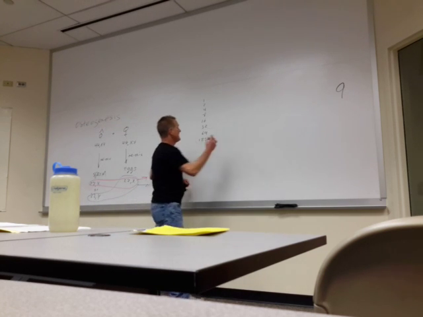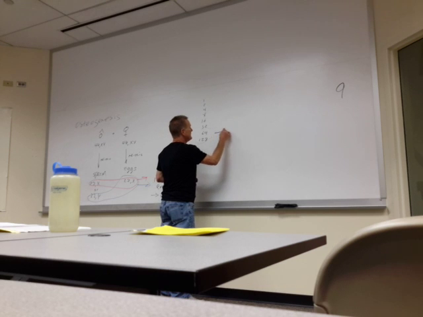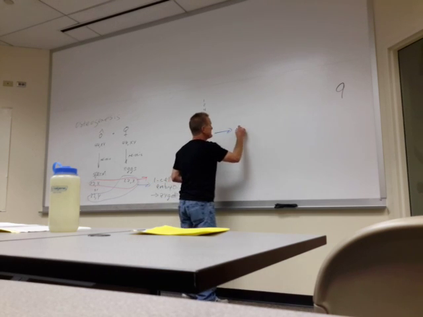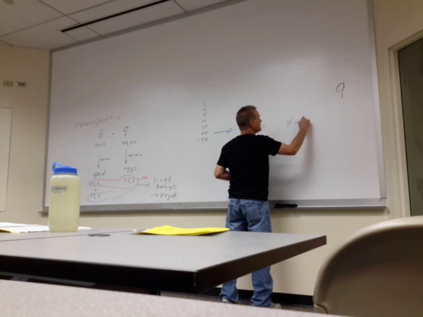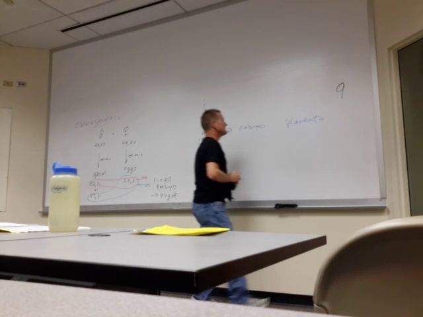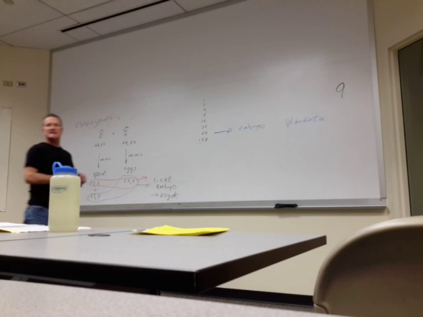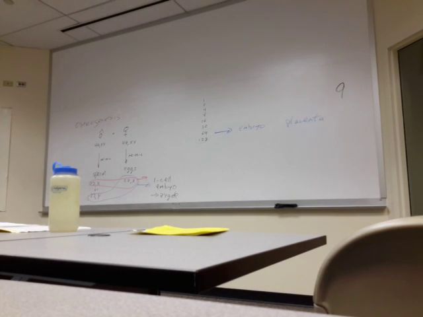Well, we get a division into two groups of cells: cells that will form the embryo versus cells that will form the placenta.